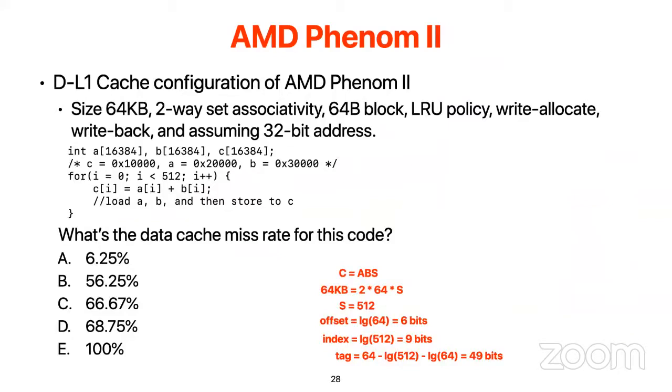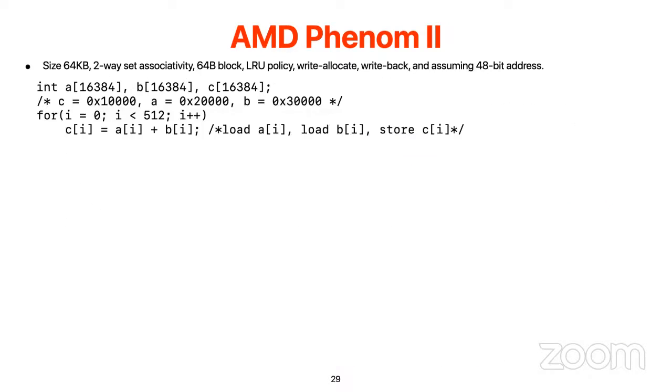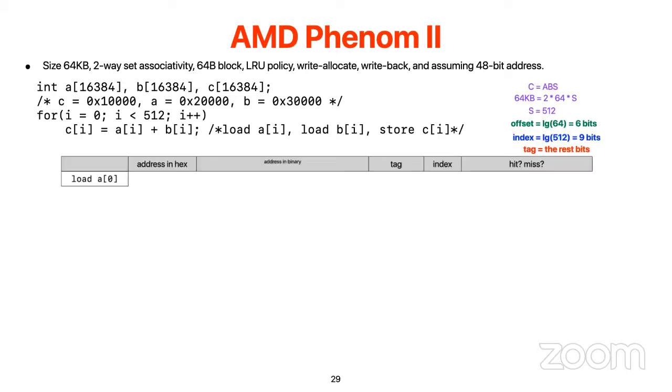Given that you know the number of bits in each field of the AMD Phenom 2 processor, just do the same thing. The first part of this piece of code is to load A0. This is the address of A0; partition it into tag, index, and offset. You will figure out that the tag is 4 and the index is 0.